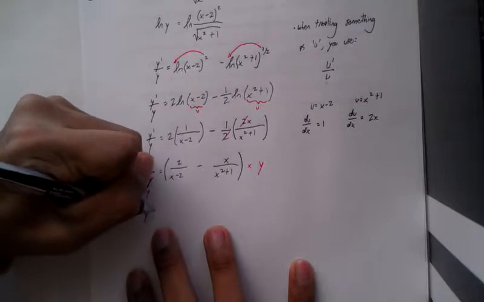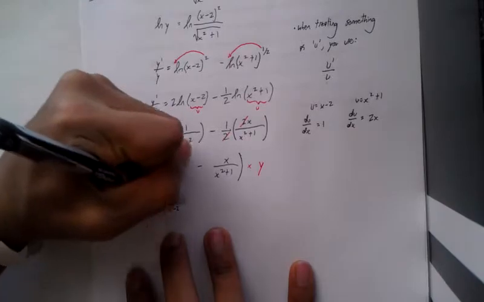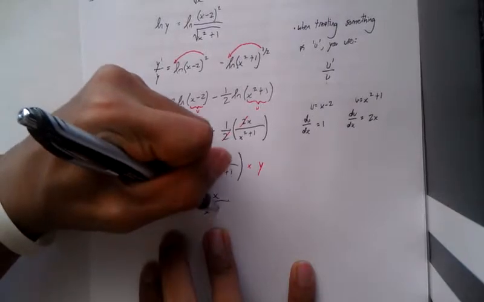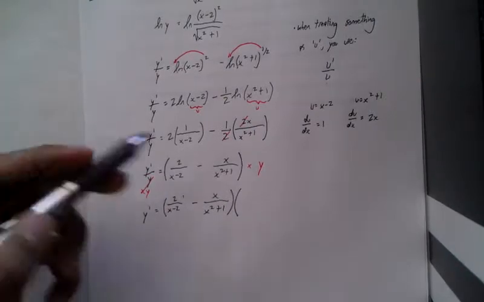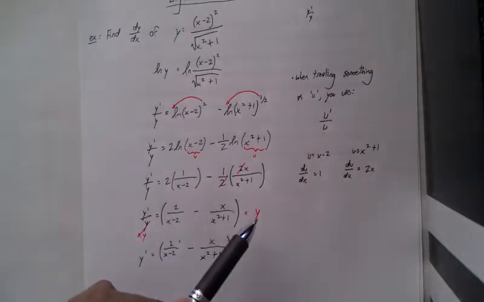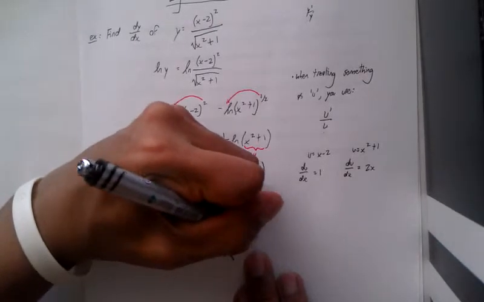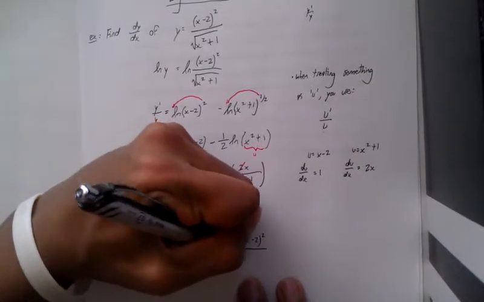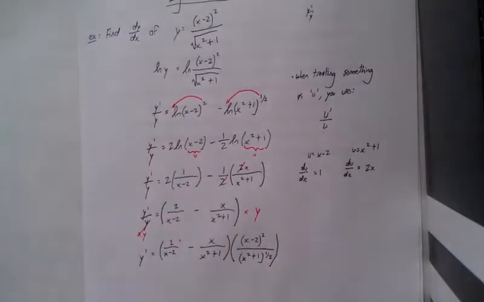So we have y prime equals 2 over x minus 2 minus x over x squared plus 1 times, and now here's where we substitute in our original function for y, times (x minus 2) squared all over, and once again I'm just going to change the denominator to a fractional exponent.